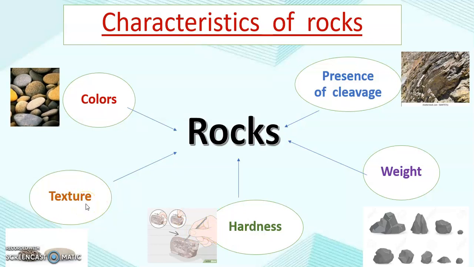Texture is the difference in the grains on the rock. I will explain later. Again, the characteristics of rocks: number 1, colors. Number 2, presence of cleavage. Number 3 is weight. Number 4 is hardness. And number 5 is texture.